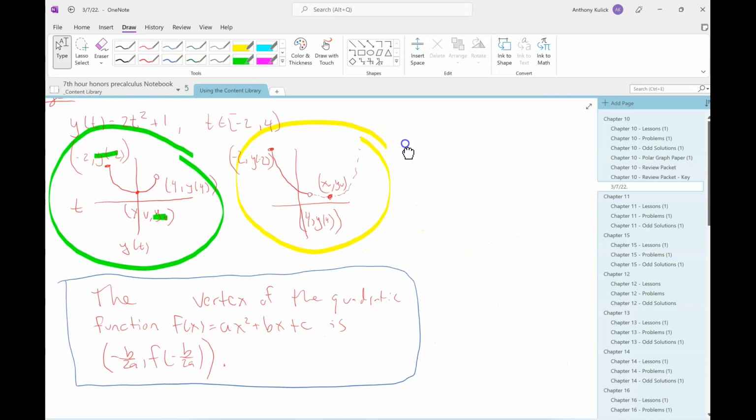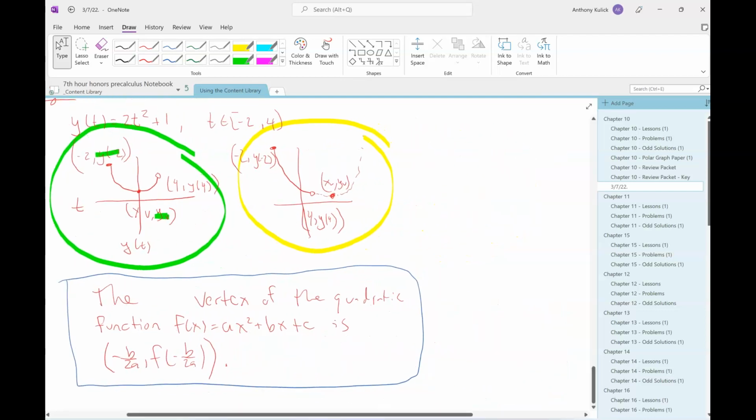So in our case, the vertex, we'd say t, that's our independent variable there, is going to be 0 over 2 times 2, or 0. Everybody's okay with that?